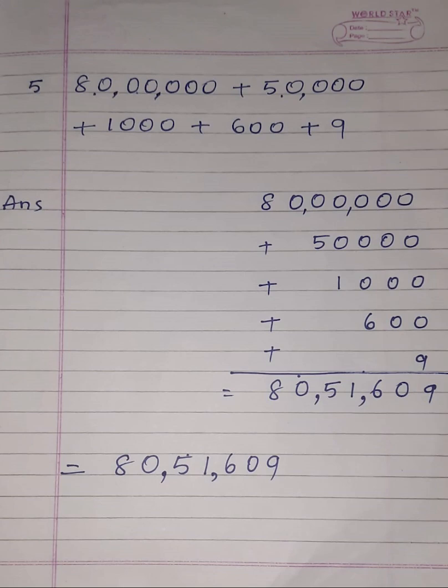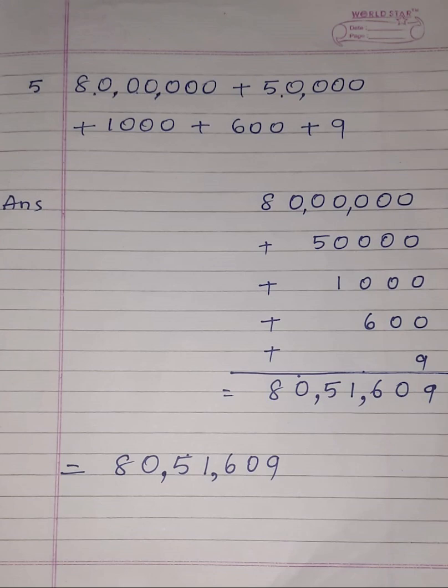Now students, our fifth sub question is: the number which is given in the expanded form is 80 lakhs plus 50,000 plus 1,000 plus 600 plus 9. Okay children, so again I am telling you, you are not going to write the answer directly. What you are going to do, towards the right hand side of your notebook, you are going to add up everything one by one.